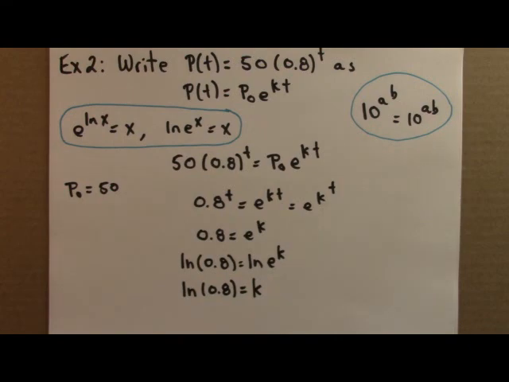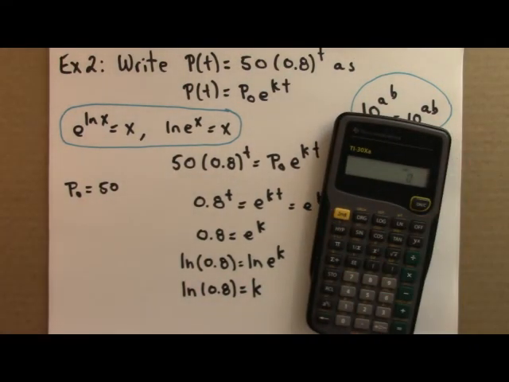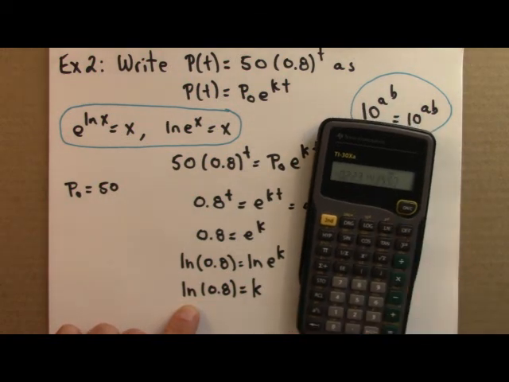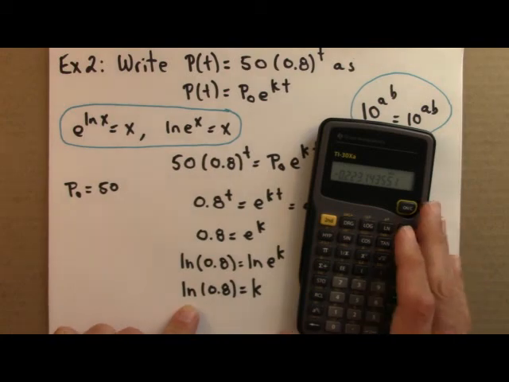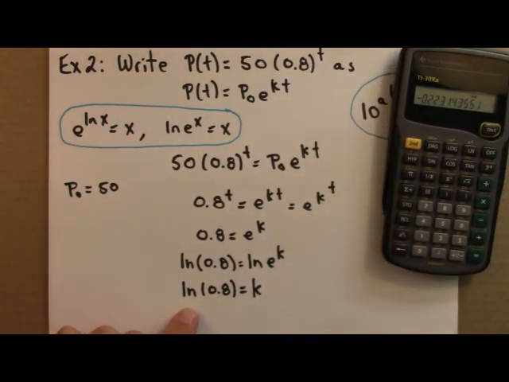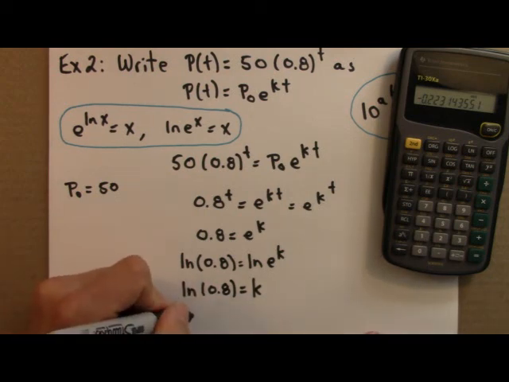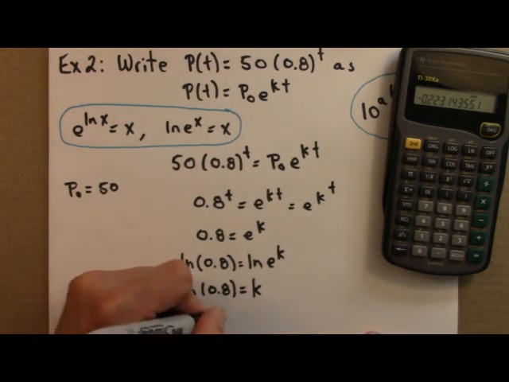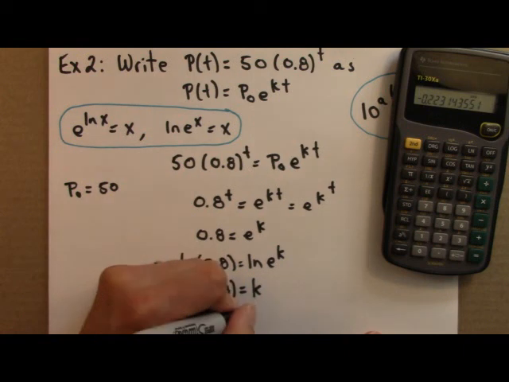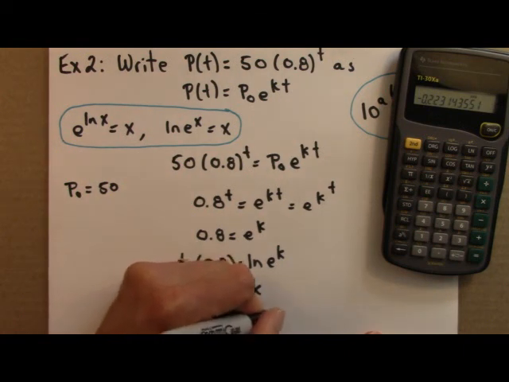And let's figure out a numerical value for that. So 0.8, and then I hit my natural log button, and hey, I get a negative number, minus 0.223. So k is minus 0.223.